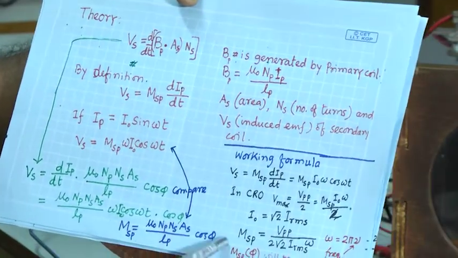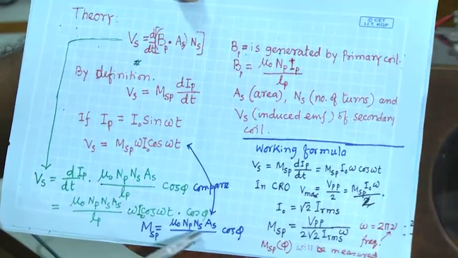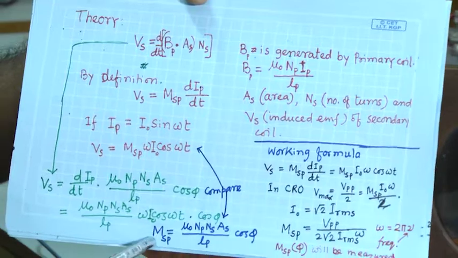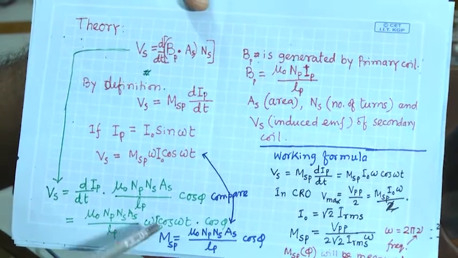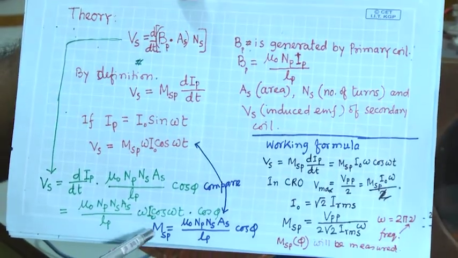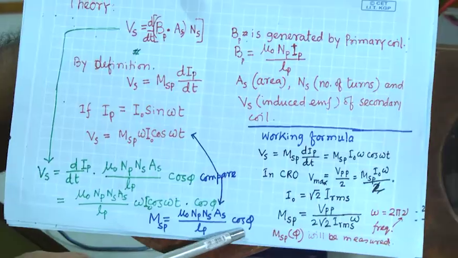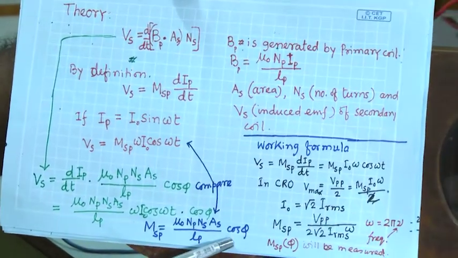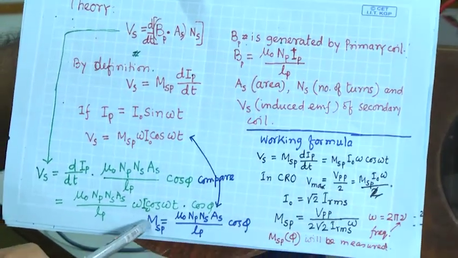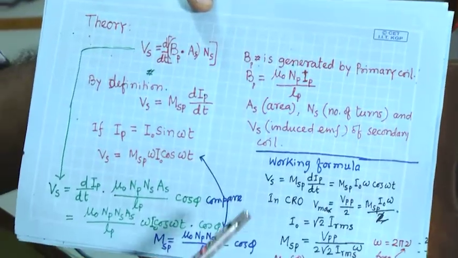If I compare these two, I get MSP as this one. MSP is the mutual inductance of the secondary and primary coil, and it depends on cos phi, so it is a function of phi.